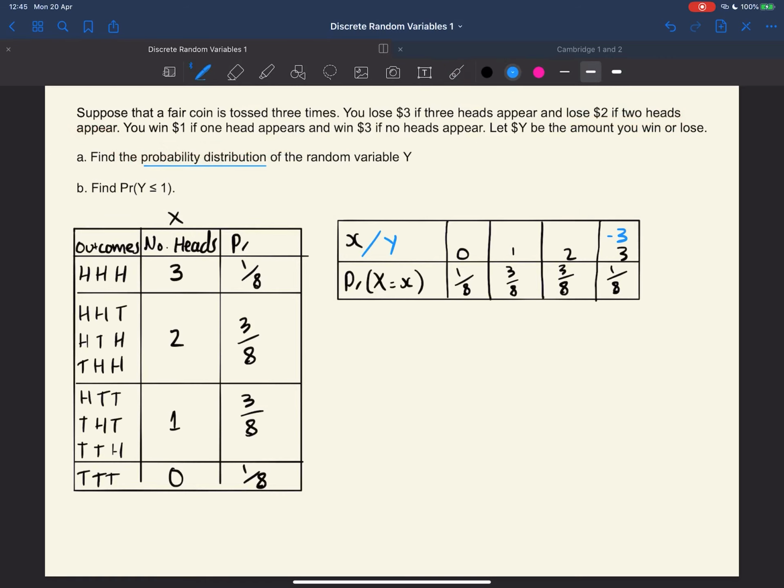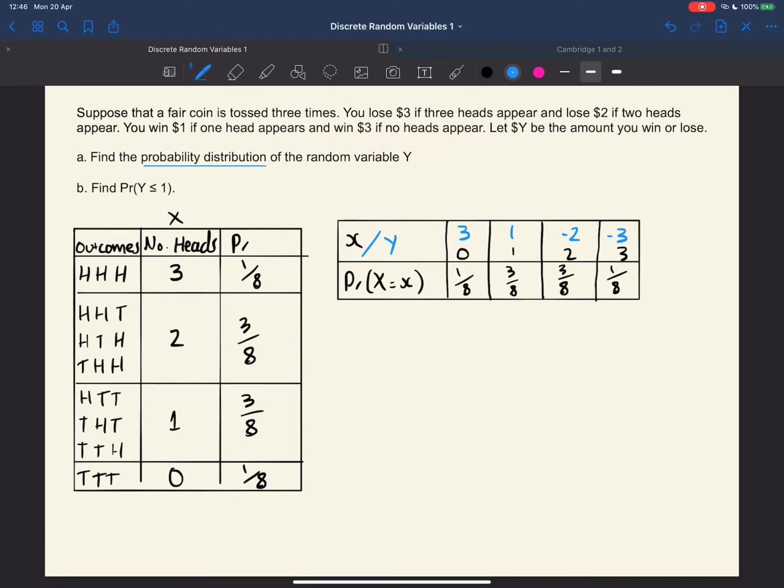So -2. You win $1 if 1 head appears. So there'd be a 1 there, wouldn't there? +1, because it's you winning $1. And you win $3 if no heads appear. So you win 3.